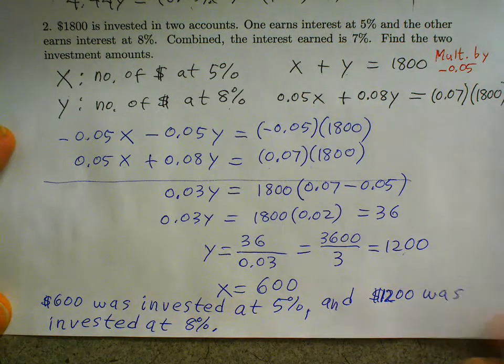Well, the underlying assumption is that the interest rates are annual interest rates. It would perhaps make more sense if we added that bit of information. Okay, let's look at the next page.